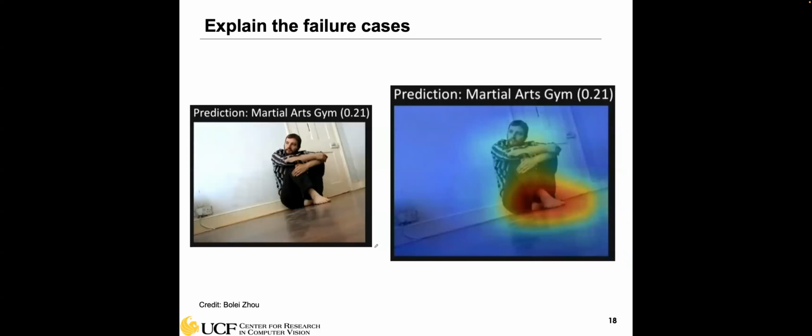And here's another example, okay? This is also a failure case. The prediction is martial art gym, but the ground truth, I didn't put it here, I think it's supposed to be an apartment. And it's very interesting. If you look at the highlighted region, it highlights the bare feet of this person on the wooden floor.